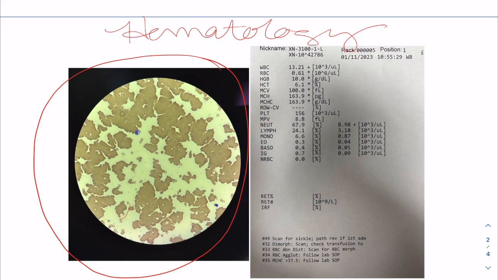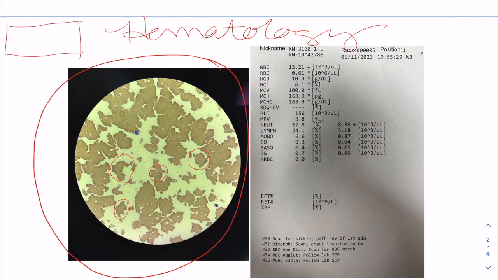You can see all of these cells are clumped together. You have to make sure you're looking at the right spot on the slide. You can't be back in too deep. You need to be out near that feathered edge of your slide.